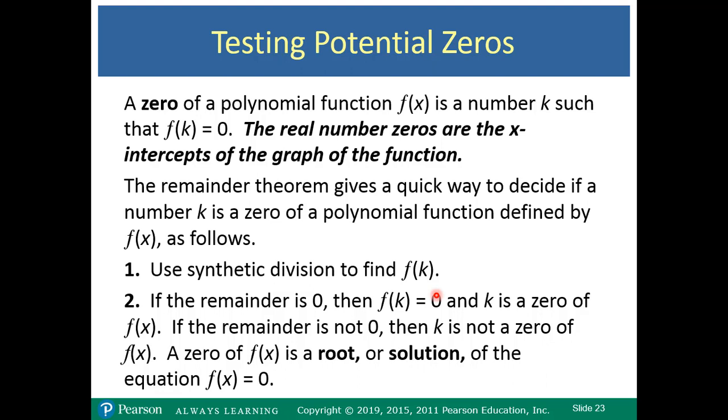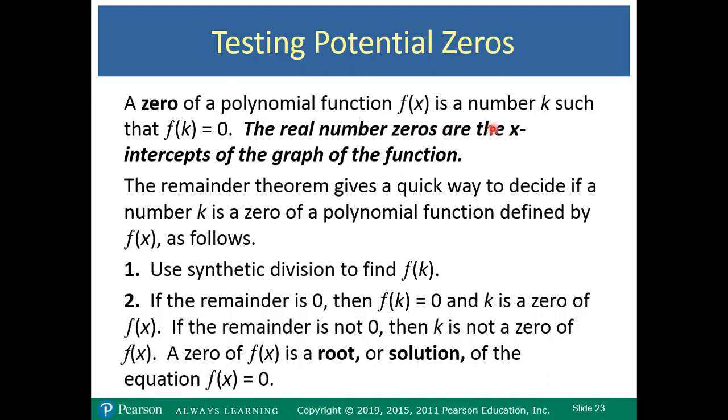Okay, now, testing for potential zeros. Okay, now what is a zero? A zero is when the polynomial function is 0. Okay, so whatever k value that makes the function 0, that's going to be a 0. So the 0 of a polynomial is any number k such that f of k equals 0. Now again, we're talking about real numbers.